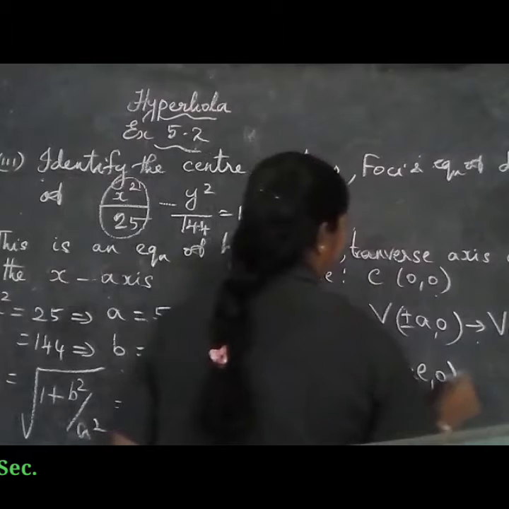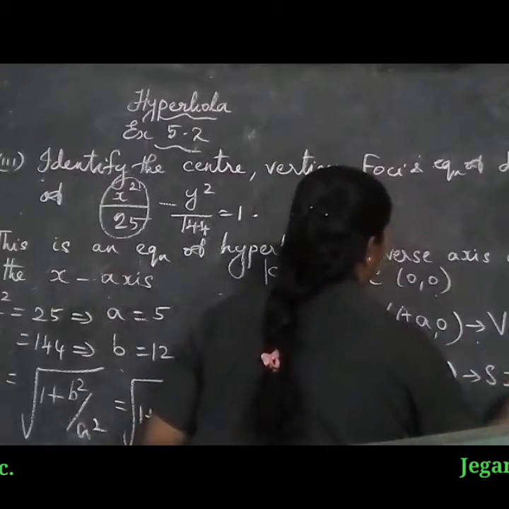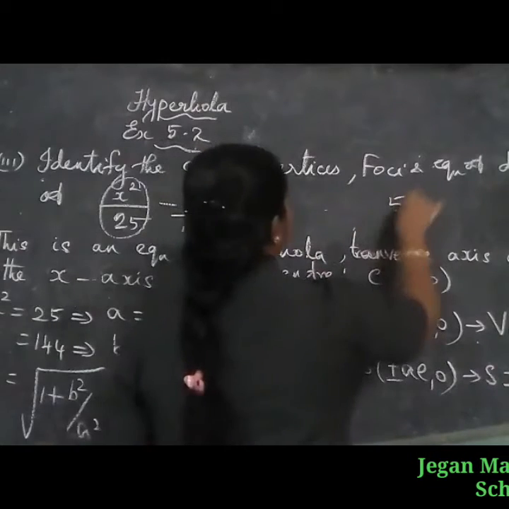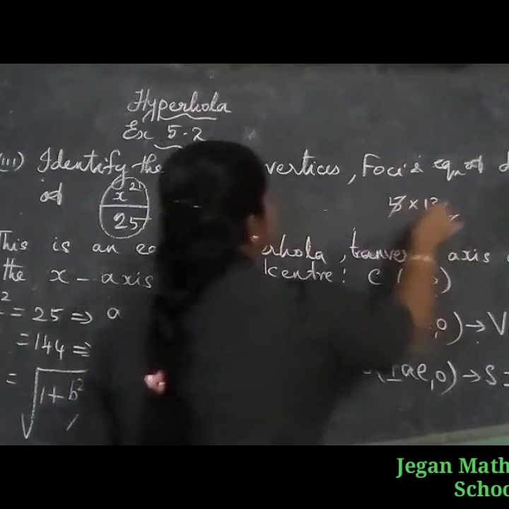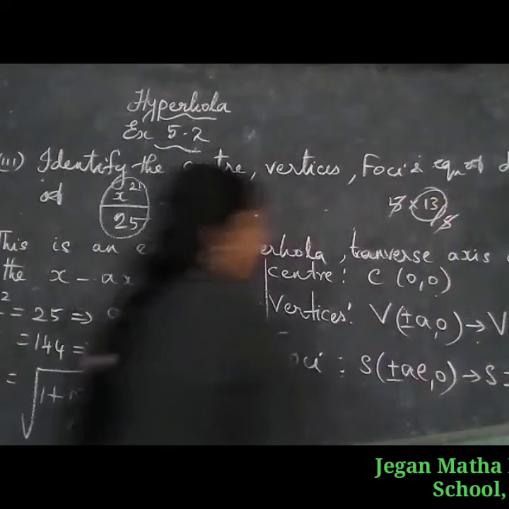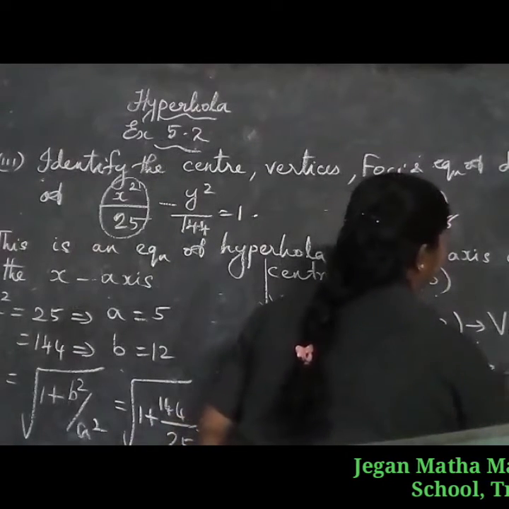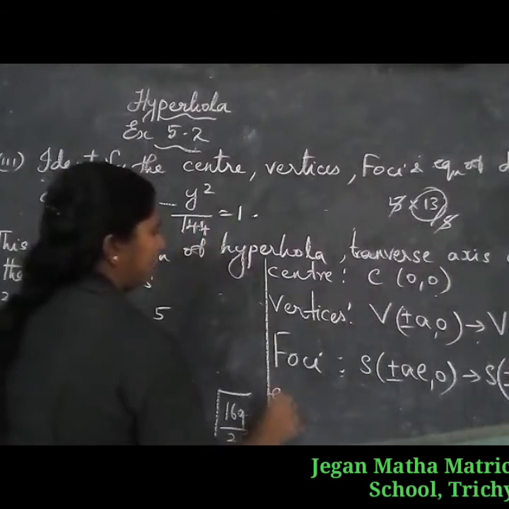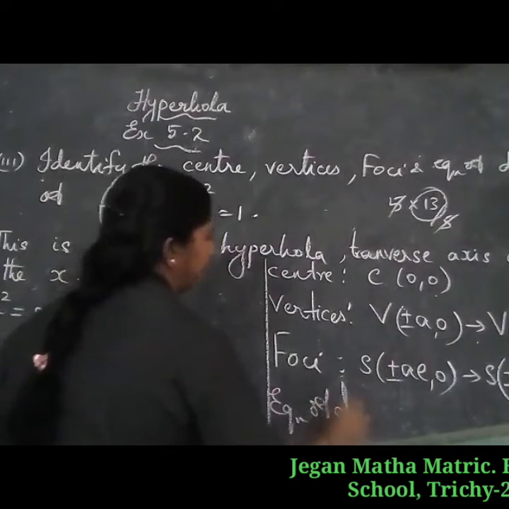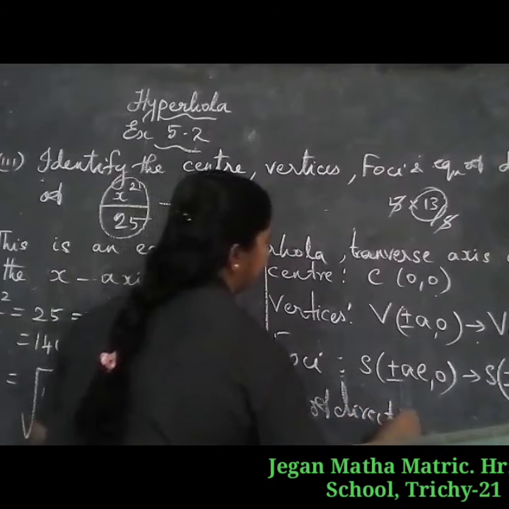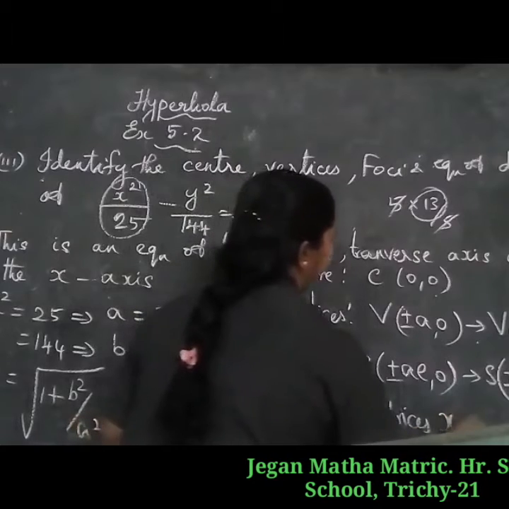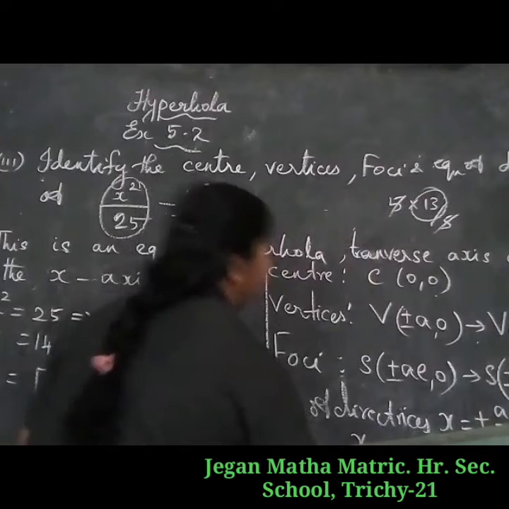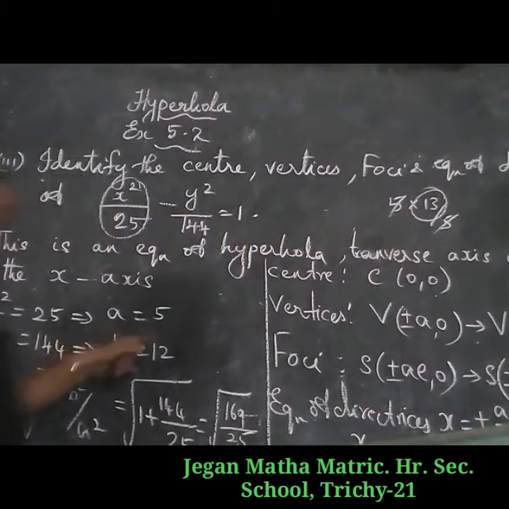Therefore, focus is plus or minus a into e, 5 into 13 by 5, so 5 and 5 cancel. Therefore, plus or minus 13, 0. The next one, equation of directrix: x is equal to plus or minus a by e. Therefore, x is equal to, what is the value of a?